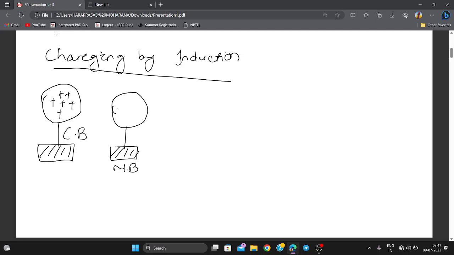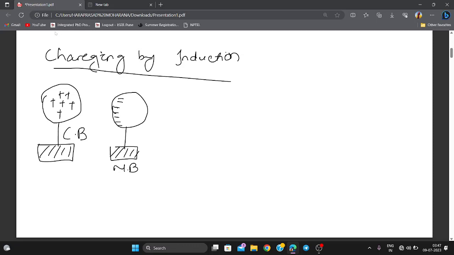Due to charging by induction, what happens if I place a neutral body near a conducting body or charged body? The conducting body has positive charge, so the side which is nearer to it will acquire negative charge.